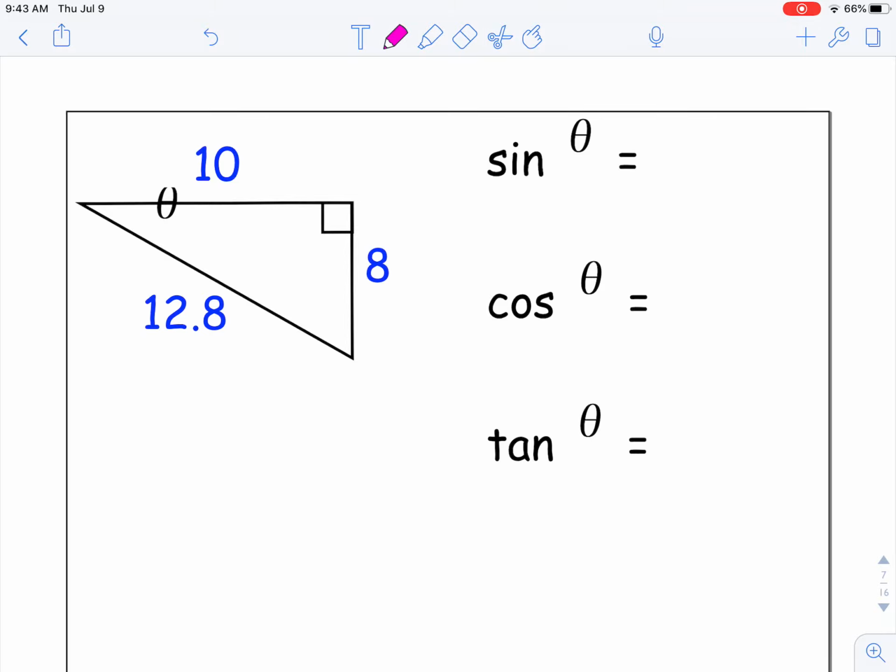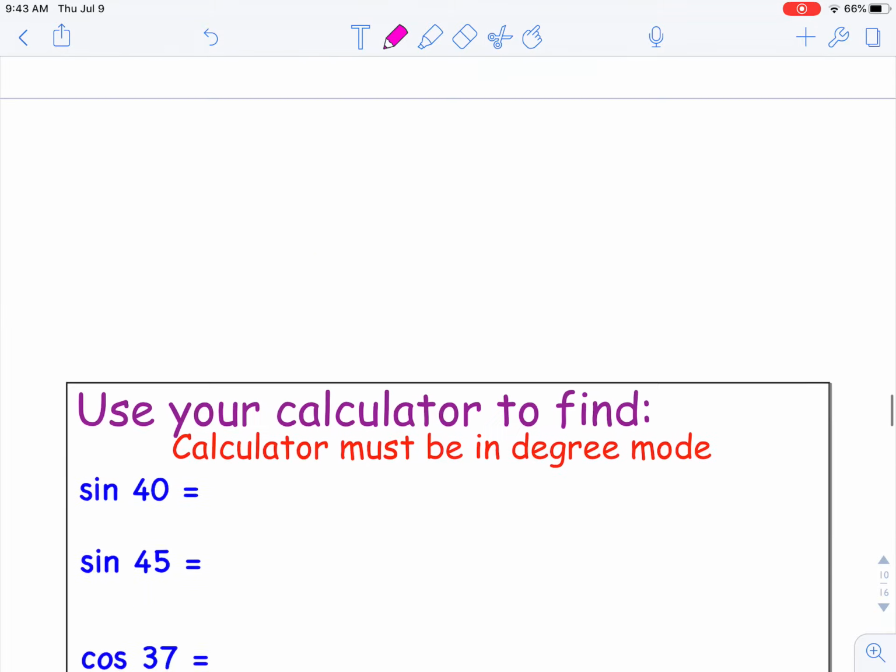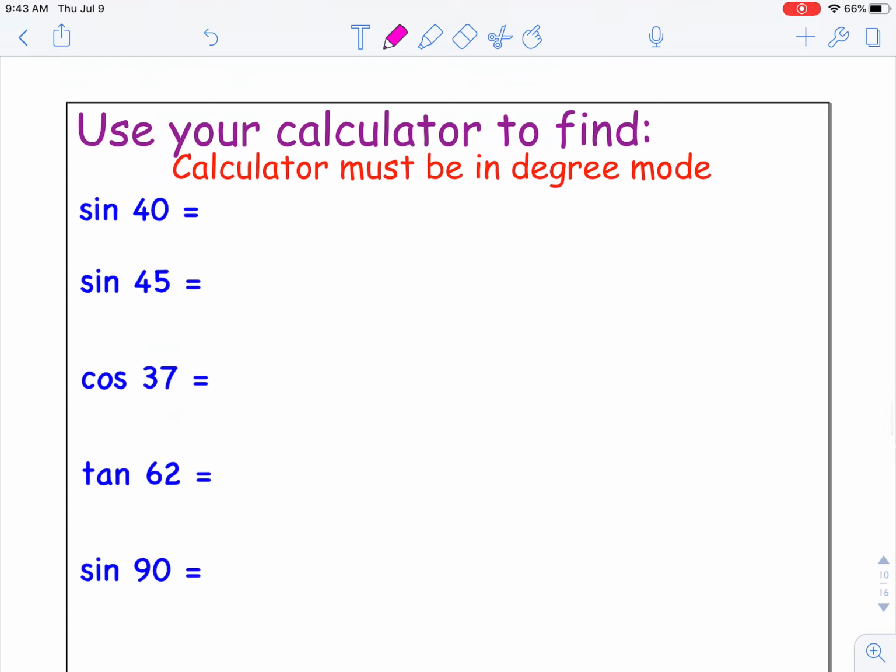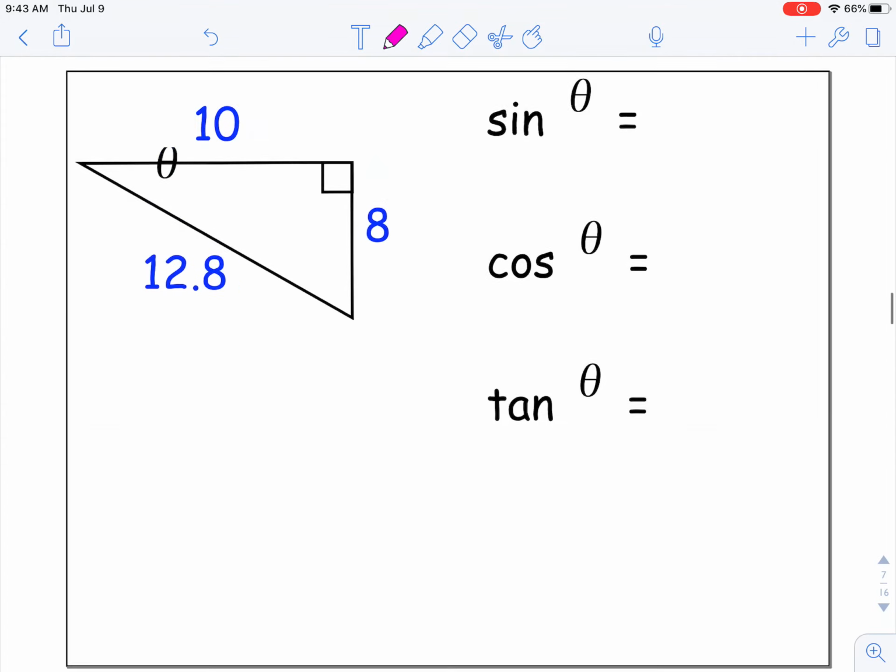So let's continue. There is a slide here that we're going to get to where we are going to use our calculator. So let's practice this now, because your calculator stores those ratios. So in our first example, we looked at the sine of a 40-degree angle right here.